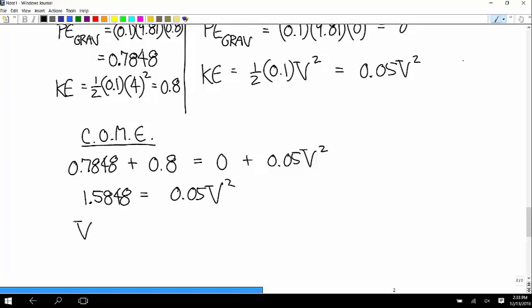Can someone tell me what v is, or v squared? 31.696, and then the square root of that? 5.63 meters per second. So if the speed's 4 meters per second at the top of the circle, it has to be 5.63 at the bottom of the circle.